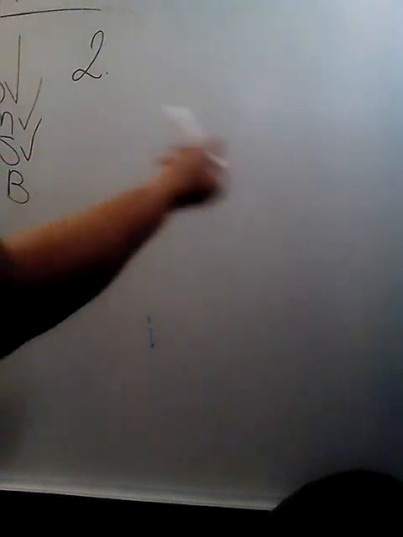Okay, so number 2. We'll do 98 divided by 2. So again, 98 is the number that's being divided, so that's our dividend. 2 is what we're dividing by, so that's our divisor.